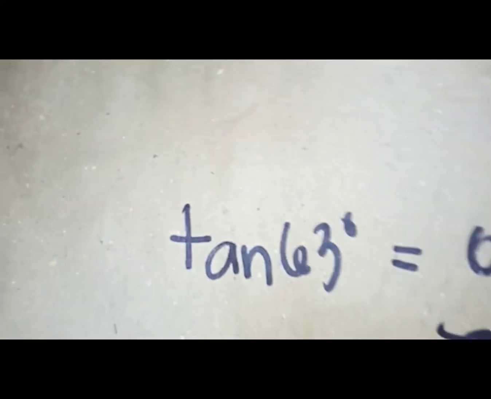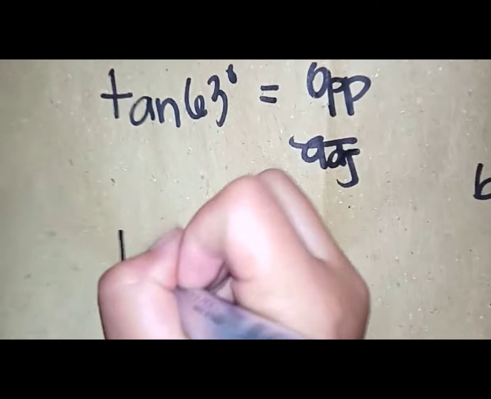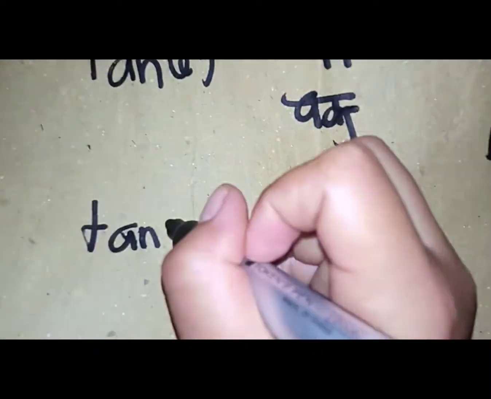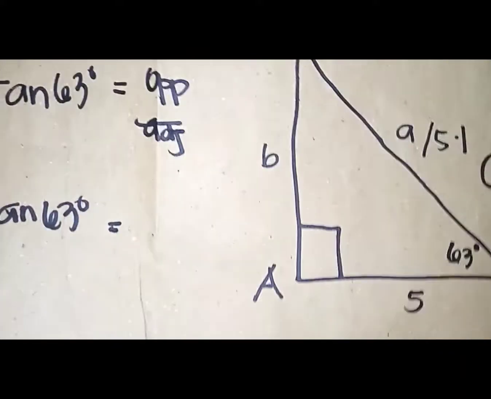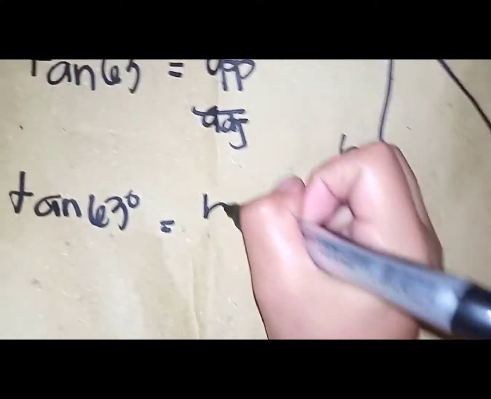And then tangent 63 degrees is equal to our opposite, which is missing, the B, and our adjacent is 5.